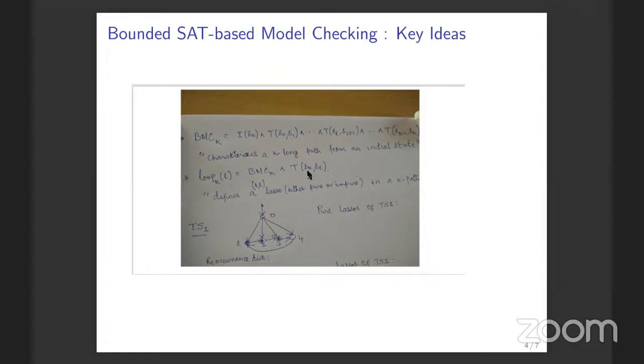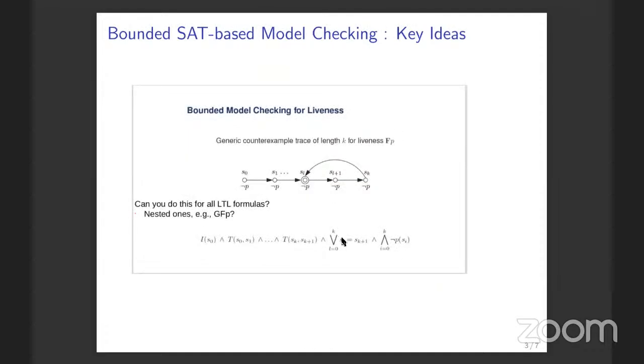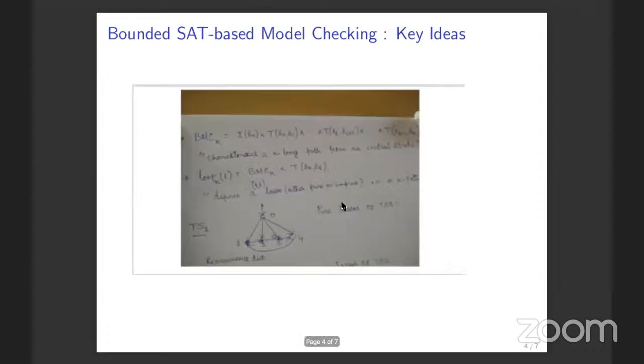Yeah, this is actually not true. So this should be a pairwise disjunction. Like I've pointed out here, k can be equal to any one of the states from S0 to Sk. This is not correct. There is a BMC k part. The loop KL, I'm sorry, I made a mistake here.